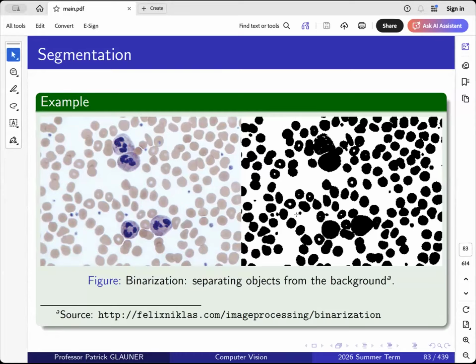And now we have this binarization, and then these objects here, or these segments, they could then be further processed. For example, we pick this segment here, and this would be passed to some object recognition algorithm, maybe a neural network, maybe something different. And this would be classified into the cell is fine or the cell has cancer.